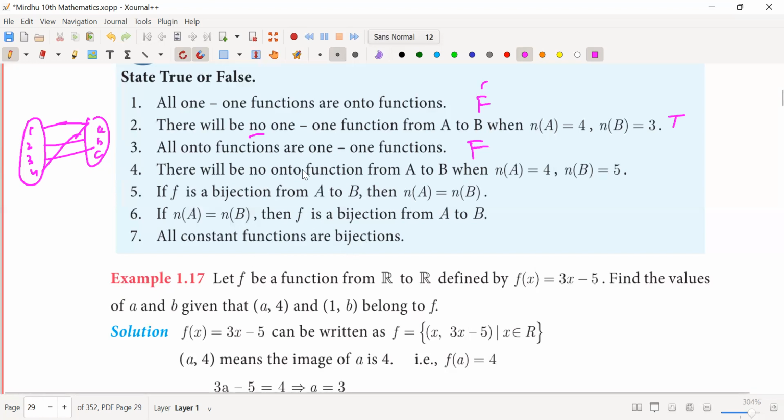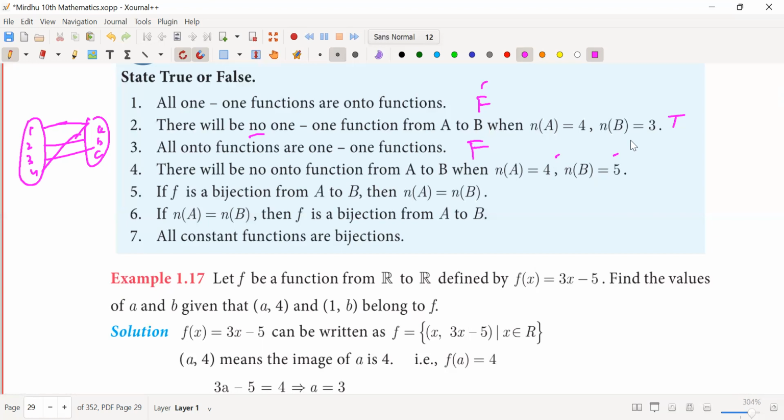there will be no onto function from A to B when n of A equal to 4, n of B equal to 5. Why? How can we have an onto function?